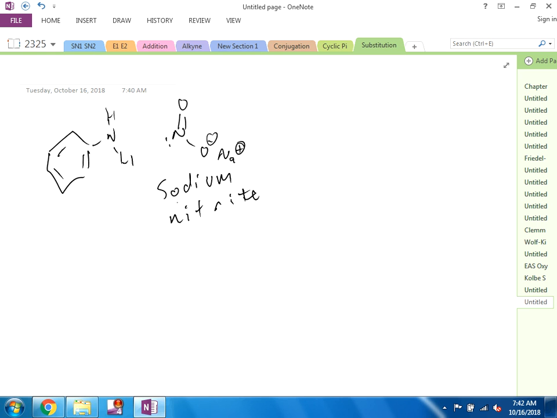Okay, so we're going to go ahead and put this thing right here, and we'll put some acid in there, let's say some HCl. The purpose of that is actually just to protonate this thing. Okay, and we'll protonate again.